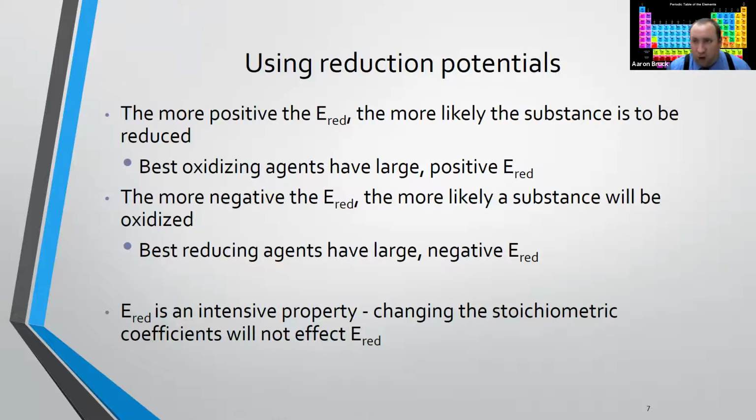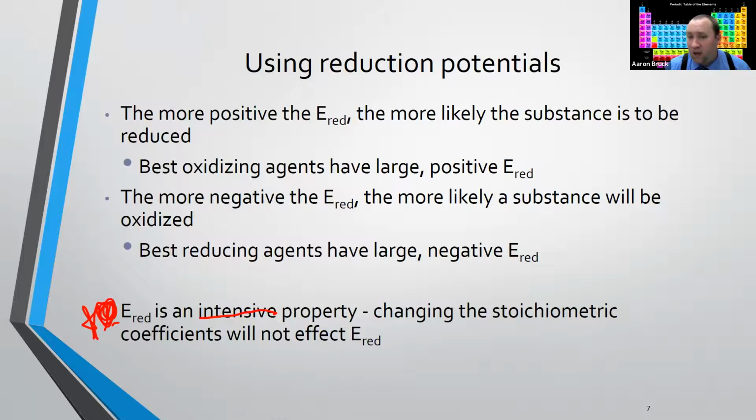Now, one important note: even though we've been talking a little bit about thermodynamics here, and even though we've seen some similarities between reduction potential equations and how we treated things for Hess's law, understand that reduction potential is an intensive property. If you don't remember what an intensive property is from Chem 105, it is one that is related to the substance itself, not the quantity of the substance.